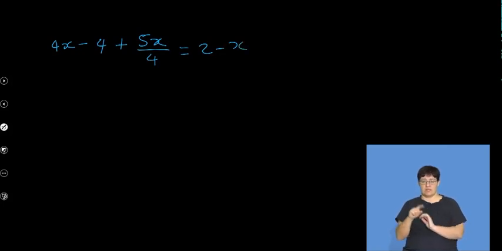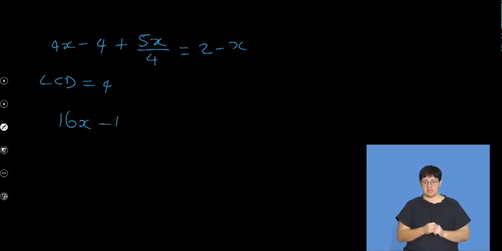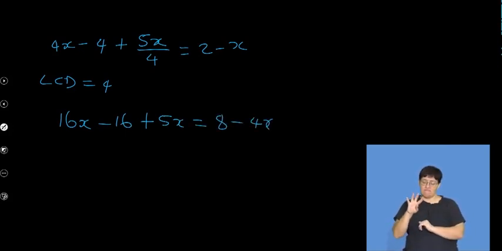So far I have 4x minus 4 plus 5x over 4 equals to 2 minus x, right? Then my LCD here will be equals to 4. If I multiply everything by 4, I will get 16x minus 16 plus 5x equals to 8 minus 4x.